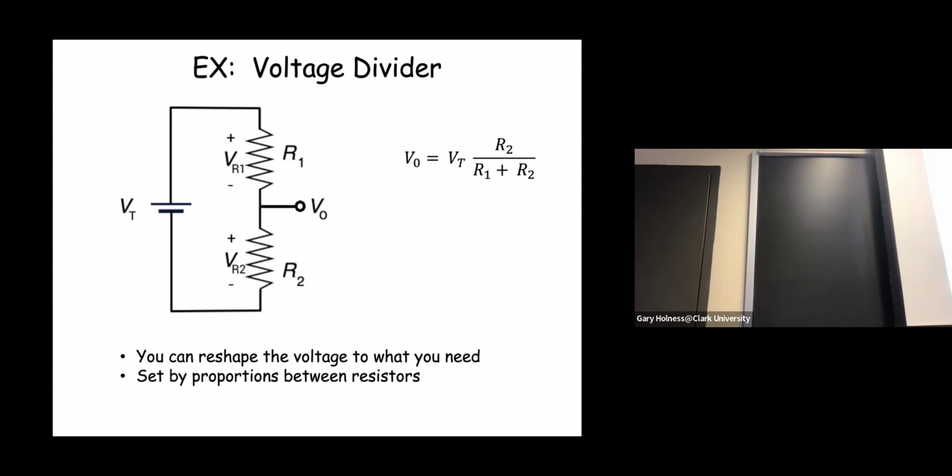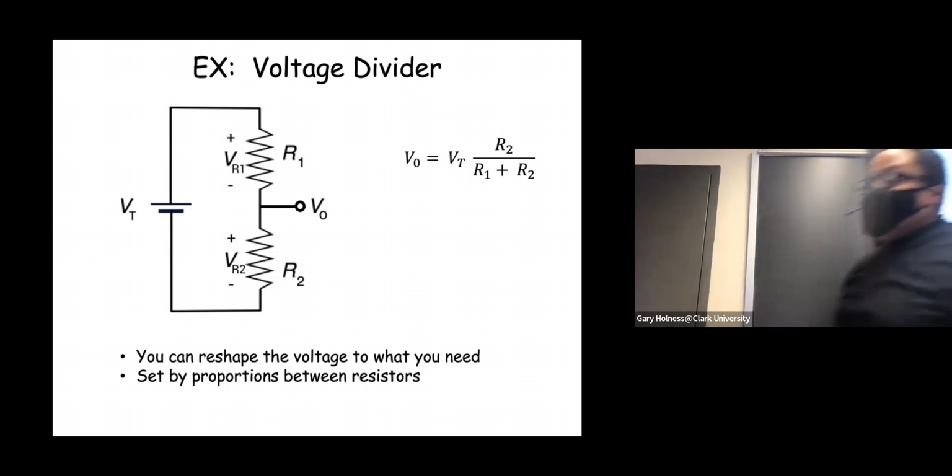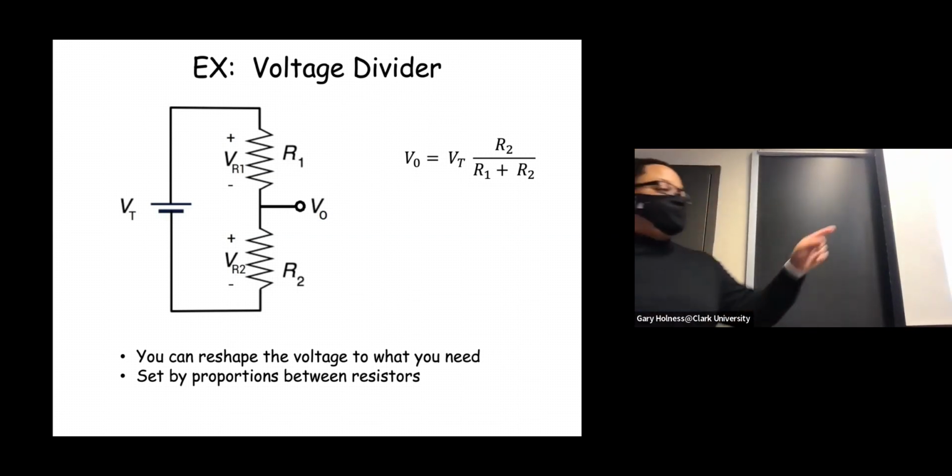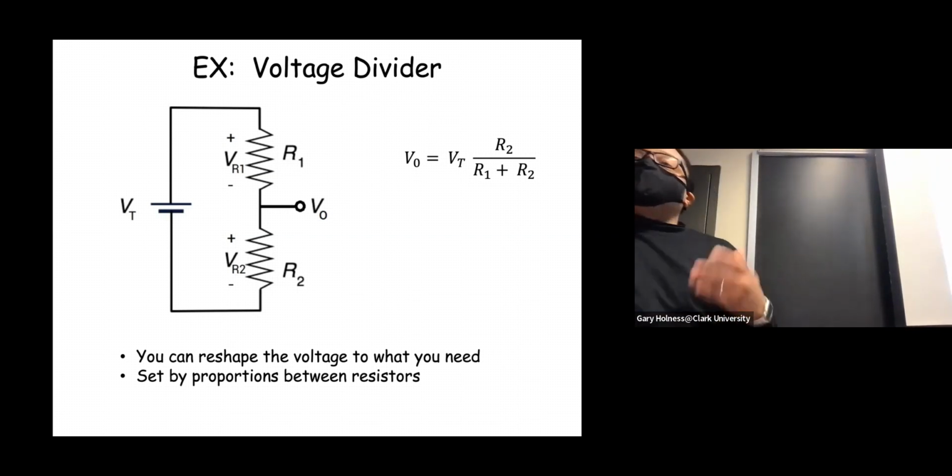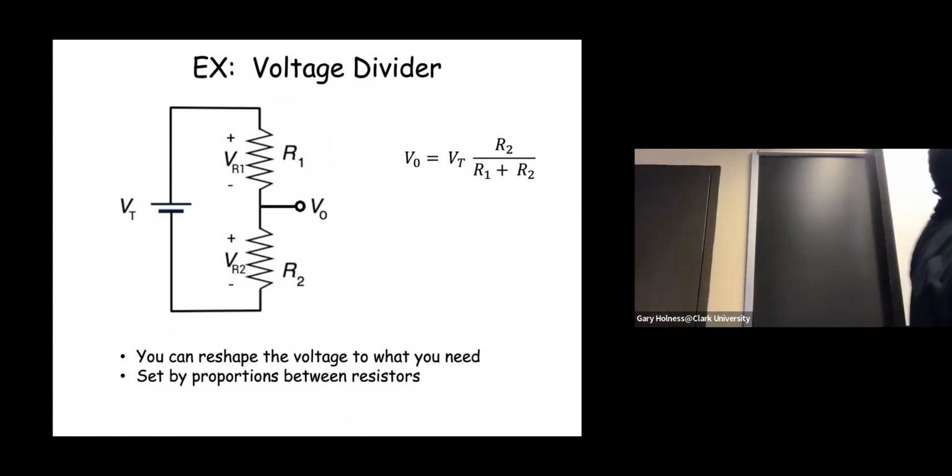And so you select your resistors such that R2, the bottom resistor, divided by the sum of those two resistances, that's going to be the proportion that you see at V out. So if you had a 24-volt battery and you wanted 12 volts at V out, R1 and R2 would be the same resistance. If you wanted something that was 3/4, the proportion R2 over R1 plus R2 would be 3/4.